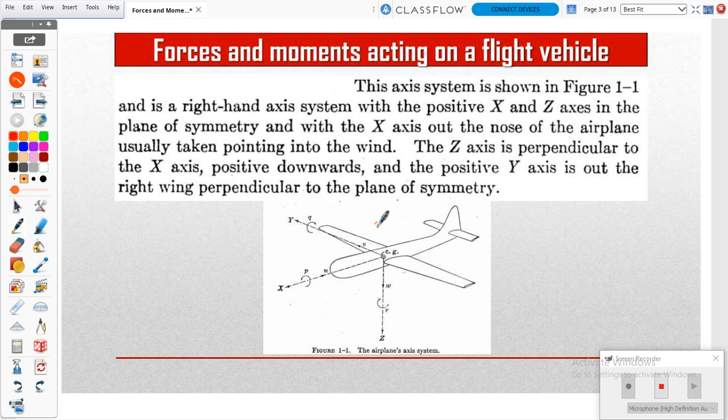Okay, I'm going to the next step. I hope you have all completed drawing this diagram.